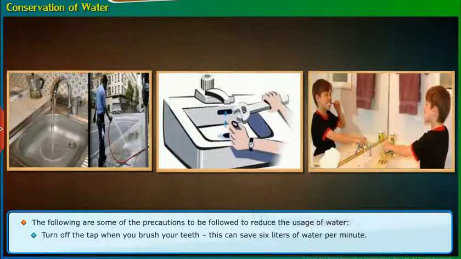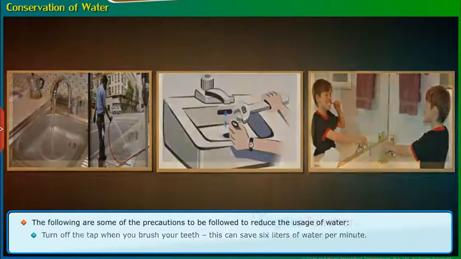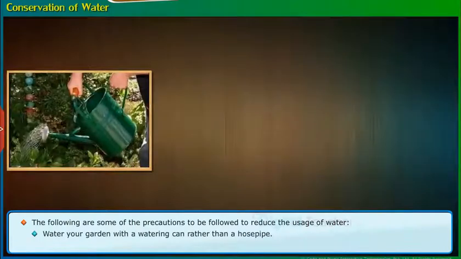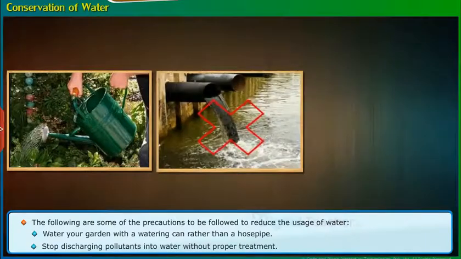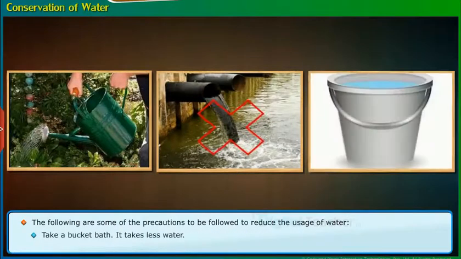Turn off the tap when you brush your teeth. This can save 6 liters of water per minute. Water your garden with a watering can rather than a hose pipe. Stop discharging pollutants into water without proper treatment. Take a bucket bath. It takes less water.